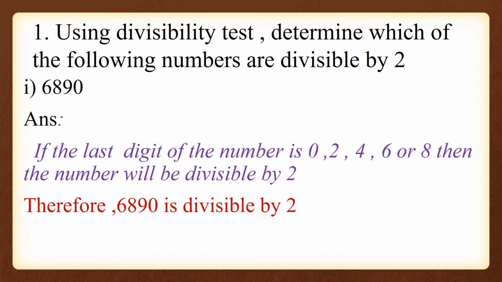So we are going to check whether this number is divisible by 2 or not. So what is the divisibility rule for 2? If the last digit of the number is 0, 2, 4, 6 or 8, then the number will be divisible by 2. So here the last digit is 0. That is, the ones place is 0. Therefore, 6890 is divisible by 2.